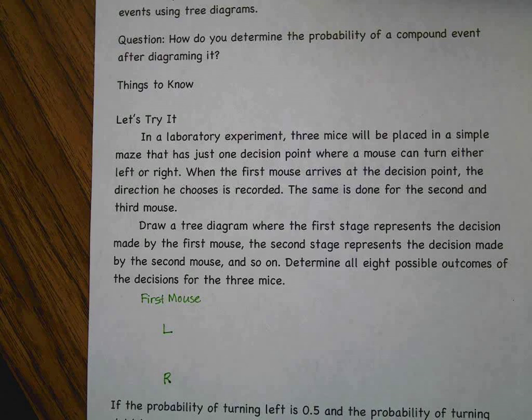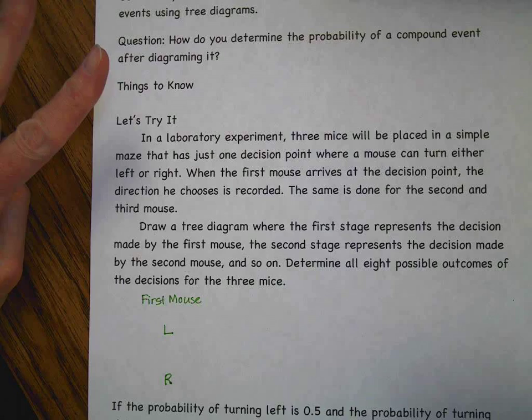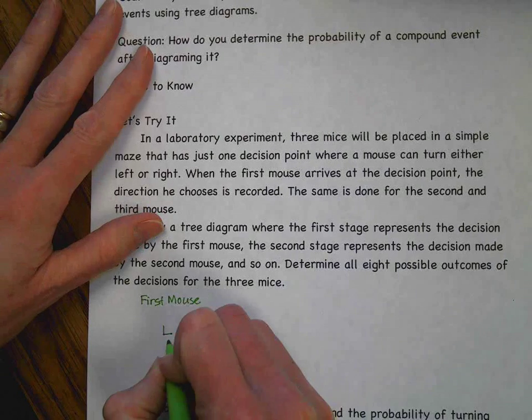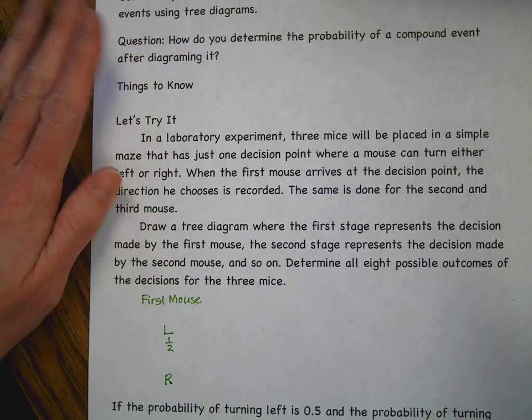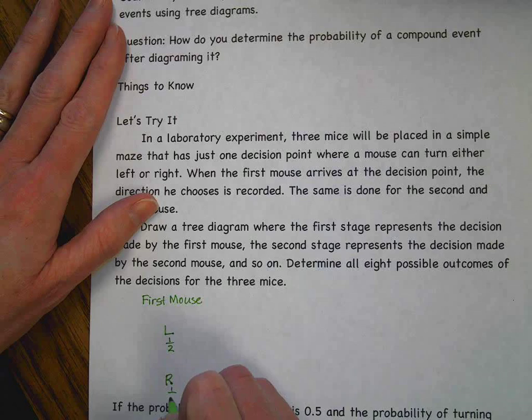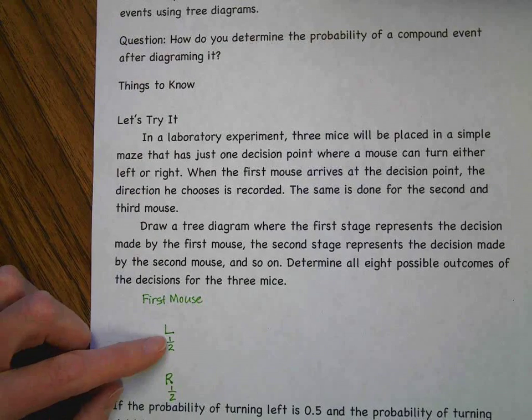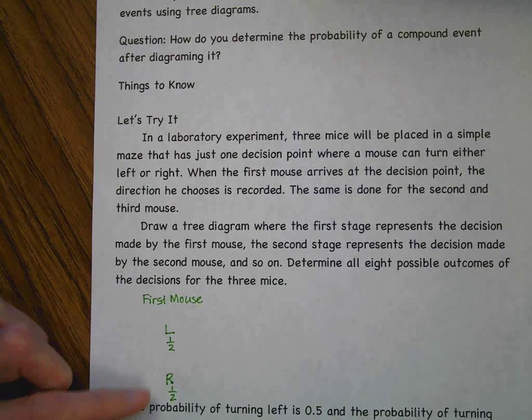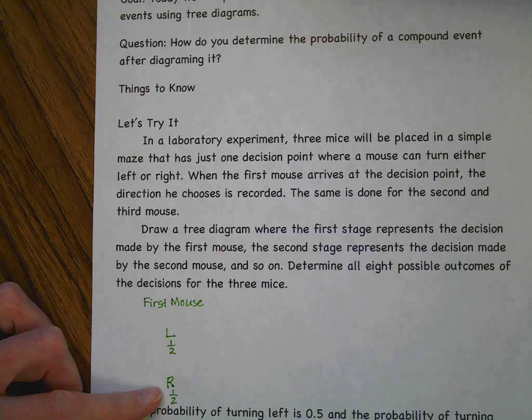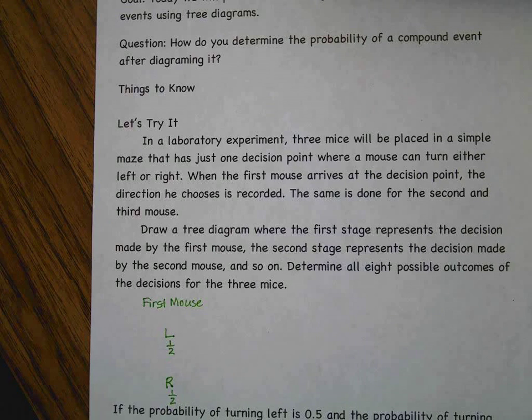I don't want you to get confused by this, because remember, we're talking about multiple trials within the same situation. Yes, this is all second mouse, but second mouse's probability is based on what first mouse did. Second mouse still has 1/2 to choose left and 1/2 to choose right, because there's only 2 directions.